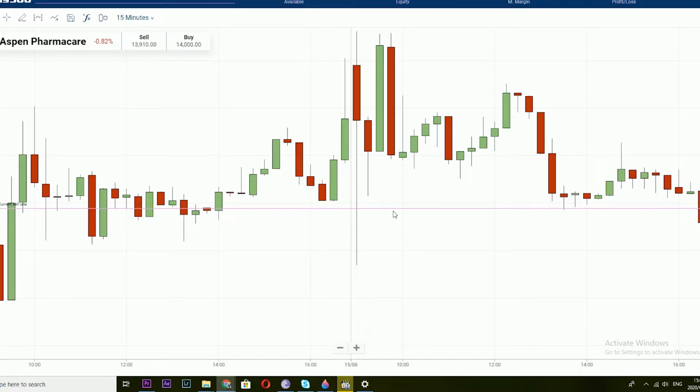Here is another really good example. We're looking at Aspen Pharmacare on a 15-minute chart. It looks quite horizontal, and a short-term trader might think, okay, this is something I can probably make a profit from. Or even a long-term trader might think, okay, perhaps I can expect a rise after this time frame here.